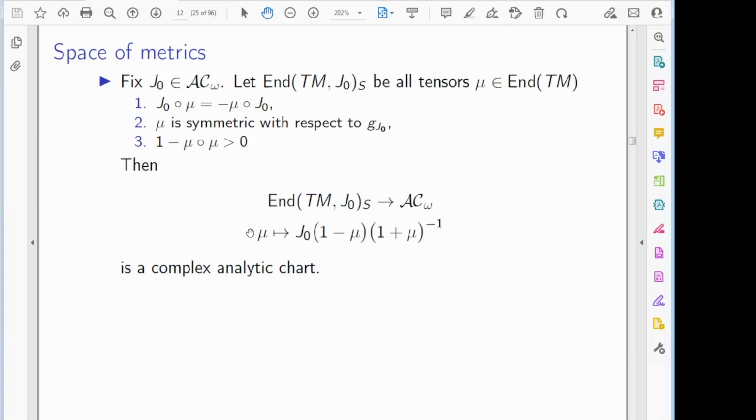So you could define an almost complex structure as a subspace of the complexified tangent bundle of the manifold, so that it's completely non-real, so its intersection with its conjugate is empty.